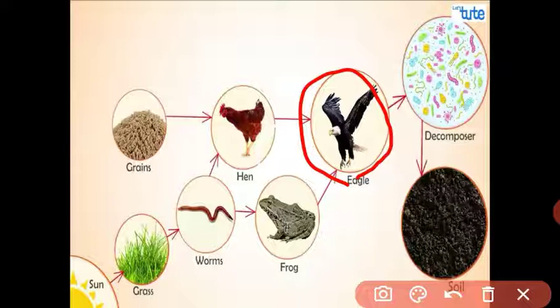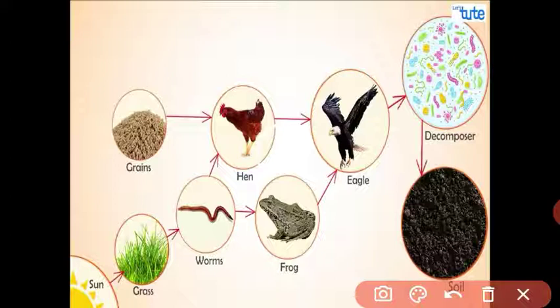The eagle is the highest point in the food chain. Then what happens? The apex consumers ultimately die and decompose. When the eagle dies, it decomposes. In nature there are many bacteria and fungi.